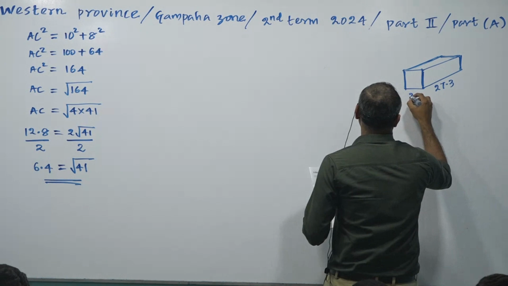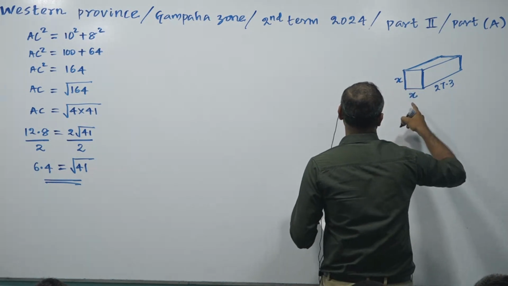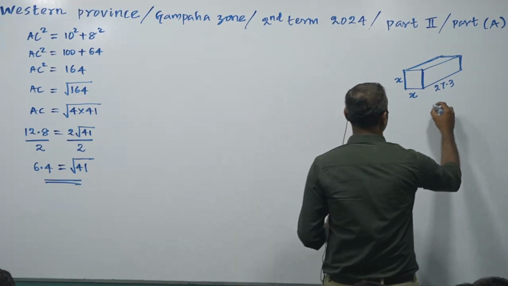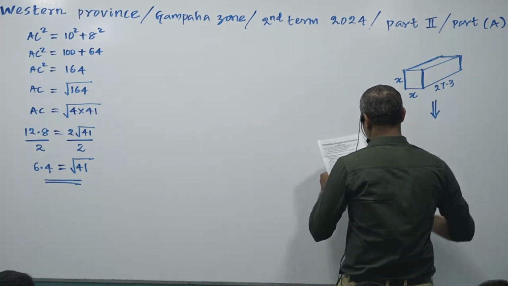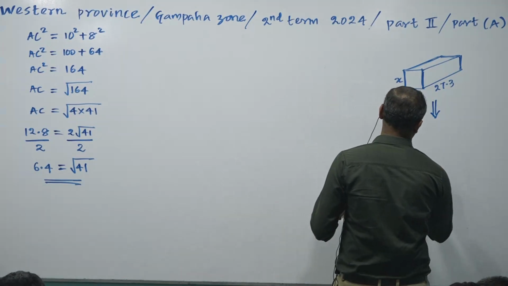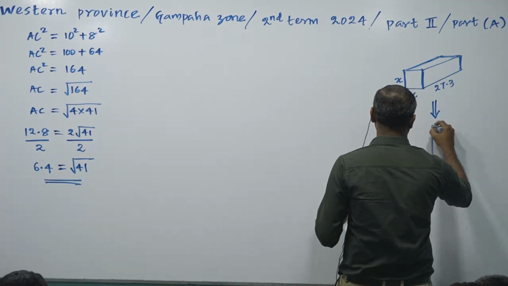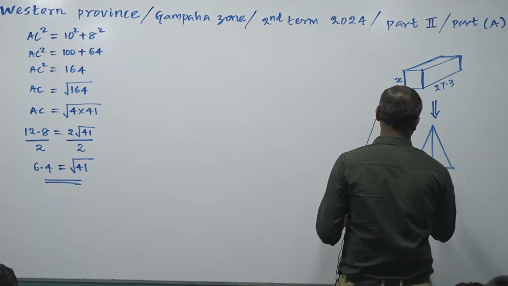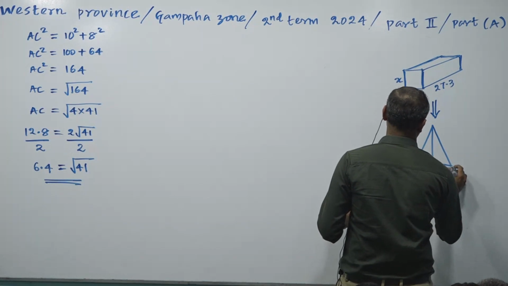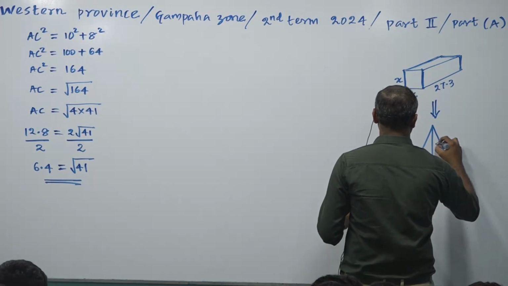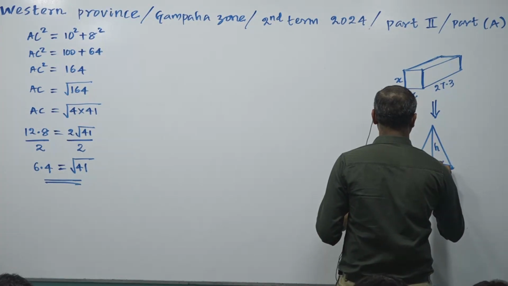Width is x and the height is also x. You are going to melt this and cast what? Cast a cone. Okay, the radius r and the height simple h.